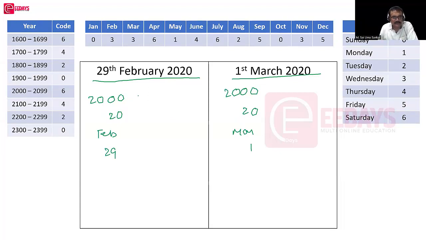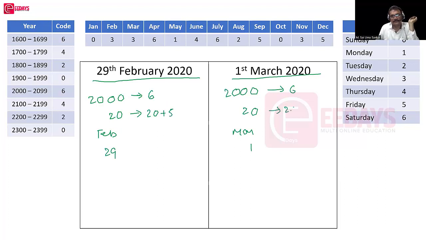Now, if you observe, what is the code for 2000? Code is equal to 6. Here also code is equal to 6. 20 plus how many leap years are there? That is equal to 5. So 25.